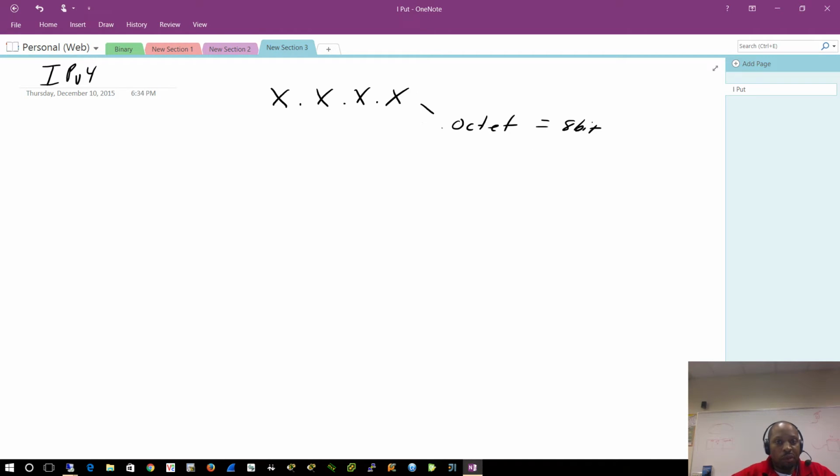So in order to have a valid IP address, your numbers have to be between 0 and 255. And if you have 4 octets, each one being 8 bits, 8 times 4 is 32, or 32 bits.